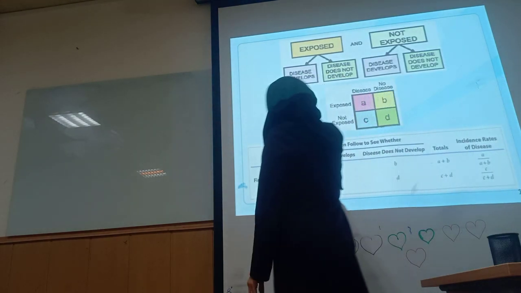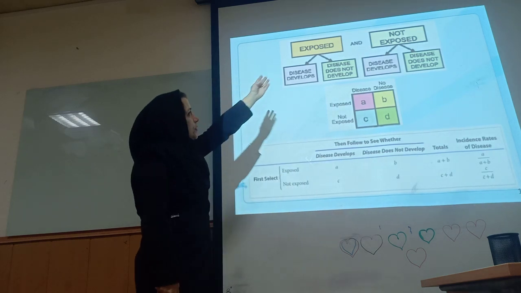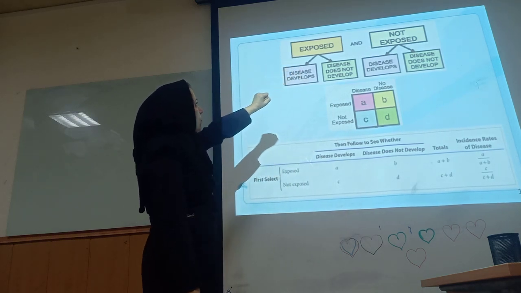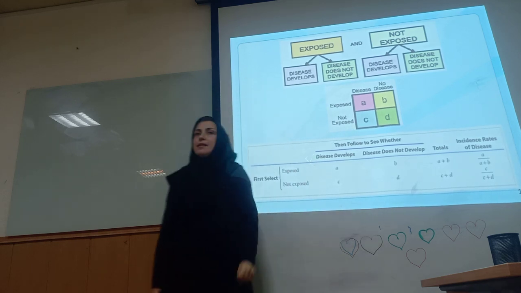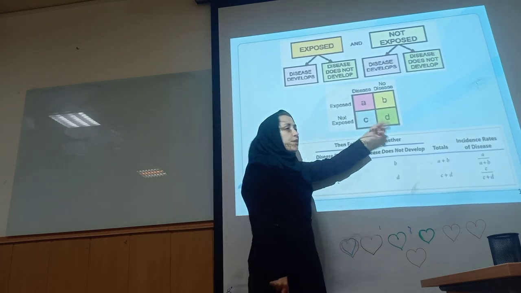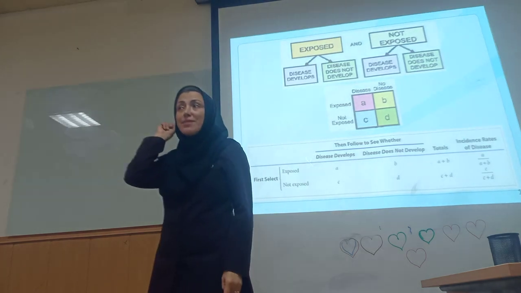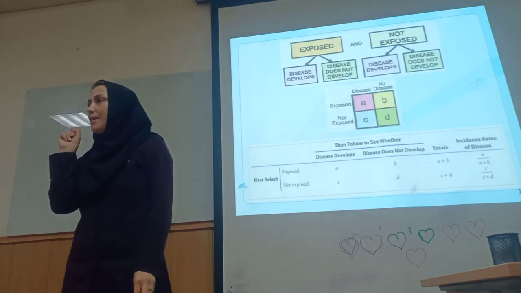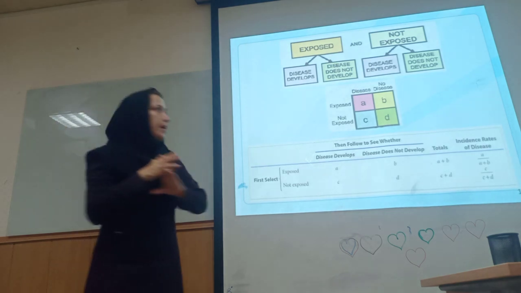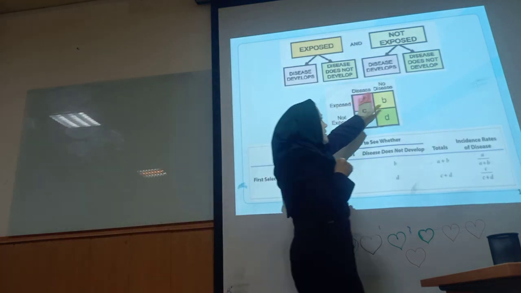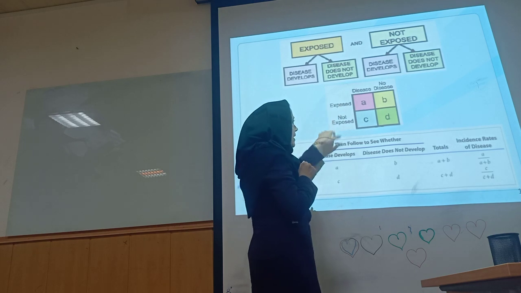So, based on exposed and not exposed, we have 4 cells, 4 categories, the same as cross-sectional study. Do you remember? Disease, no disease, exposed and not exposed.